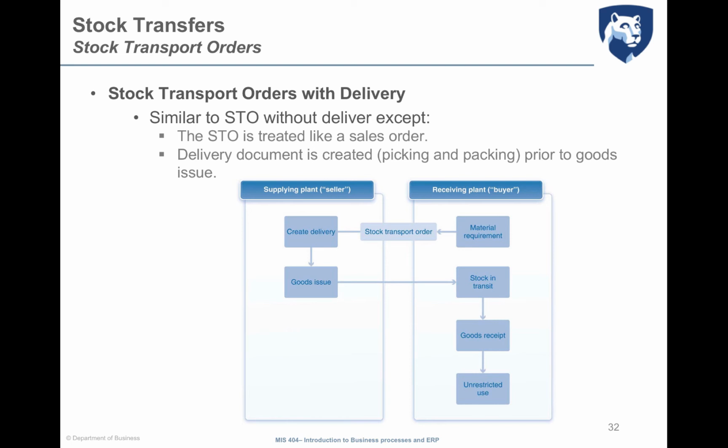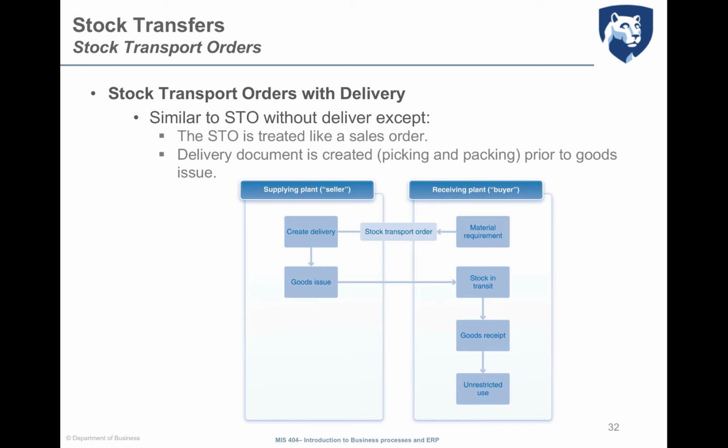Then when the stock transport order with delivery is in place, it is managed as if it was a sales order, with the receiving plant acting in the role of the customer, and the sending plant acting in the role of the vendor.